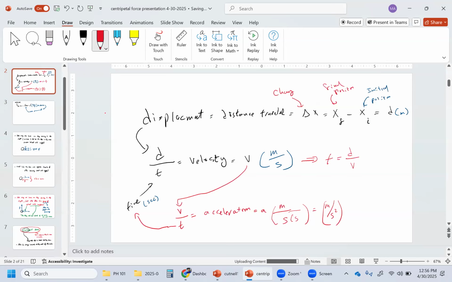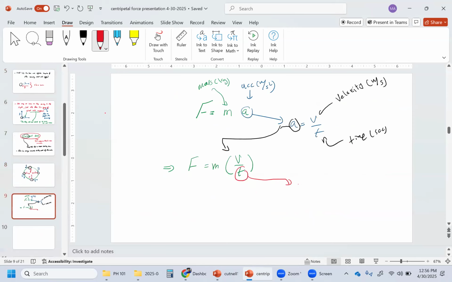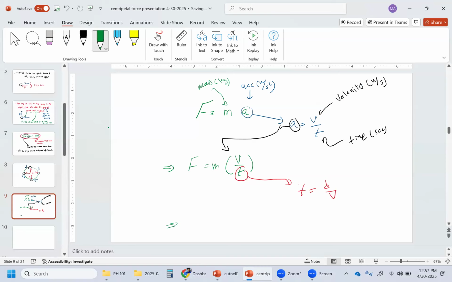So we can go ahead and substitute it over here. So our time is going to equal our distance over velocity, which means our force is going to equal the mass times the first velocity, divided by your time, which we said was going to be distance over the second velocity, d over v, which is going to equal mv squared over d.